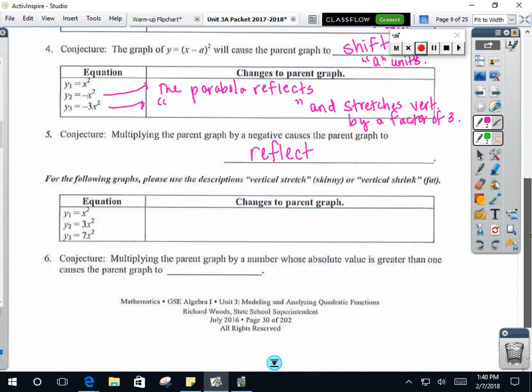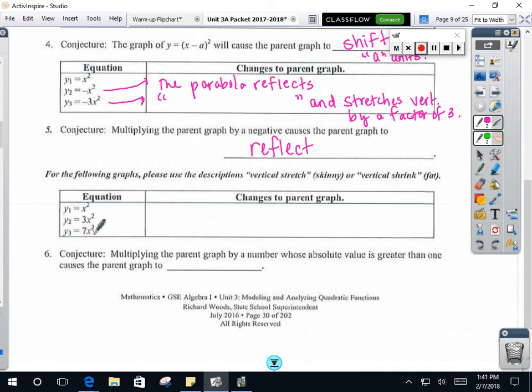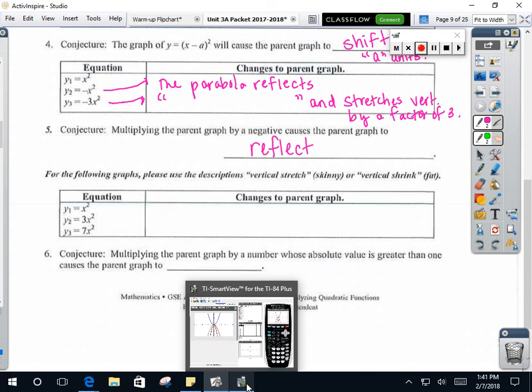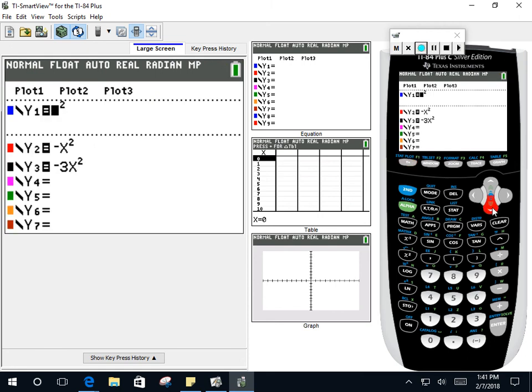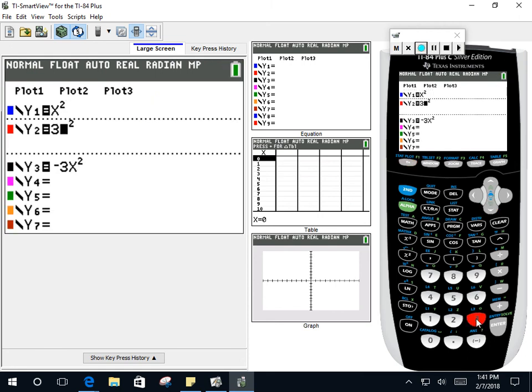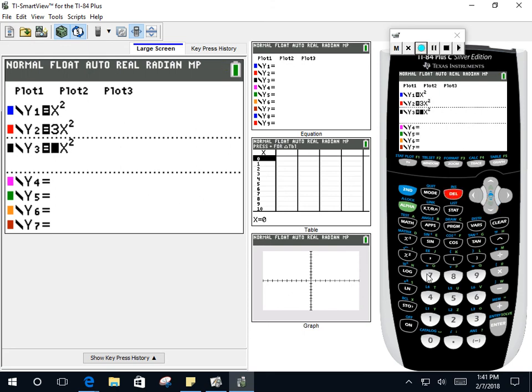All right, now type in those 3 equations in your calculator. Okay, I'm about to graph them, so if you want to watch up here, you can.